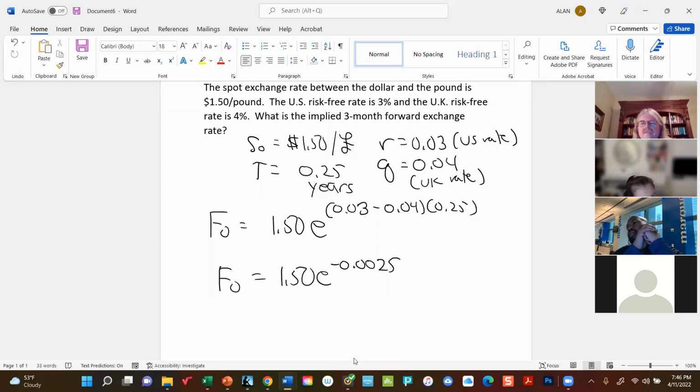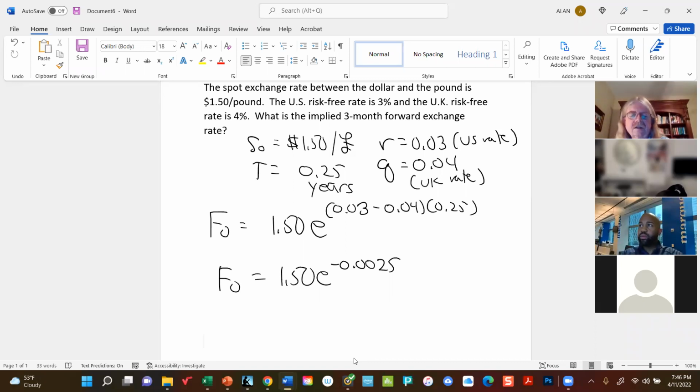That's right. In this example, it's the UK rate. In general, it's the foreign rate of interest. R is the US rate, Q is the foreign. This could be the dollar and the euro, or the dollar and the Swiss franc. It could be anything. So Q is the foreign rate. It just so happens to be the pound in this case.